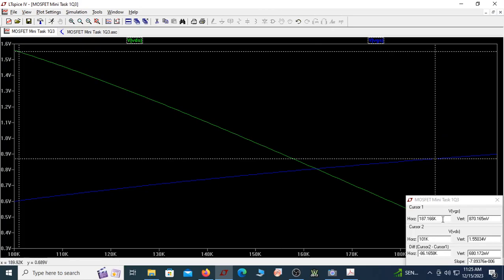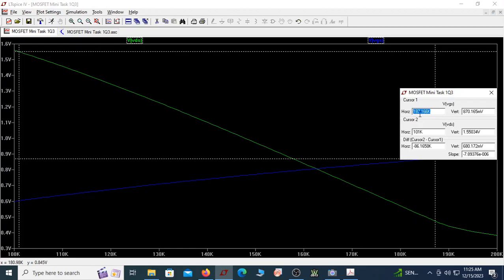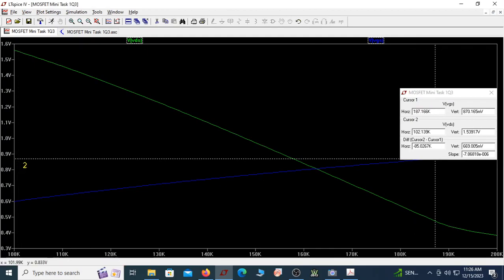This is your point. Can you see the resistance? So on the x-axis, what you have is the resistance, 187 kilo ohm. So at the same time, the VDS should be 0.47, because let me move this VDS. Can you see now VDS keeps reducing, and when this is equal to 187, that is when this also equals that, then this will become 0.47.